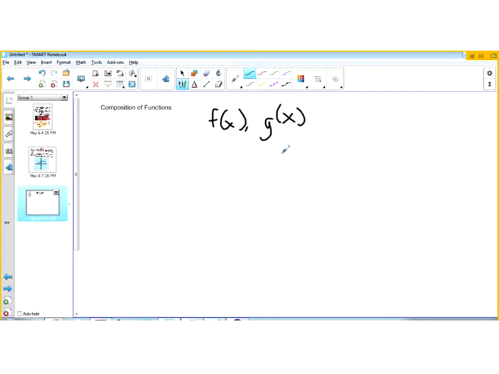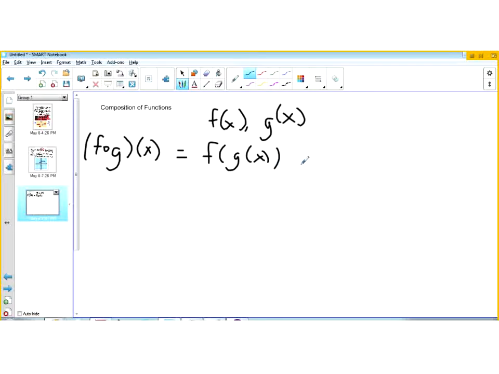given two functions, we define the composition of two functions using this notation. Actually, there are a couple of symbols for it. So we have f composed with g of x, and that's equal to f of g of x. And it's really, interestingly enough, a very simple matter.